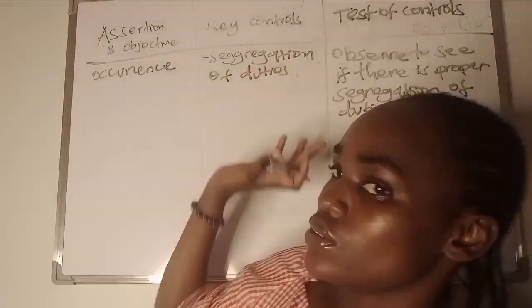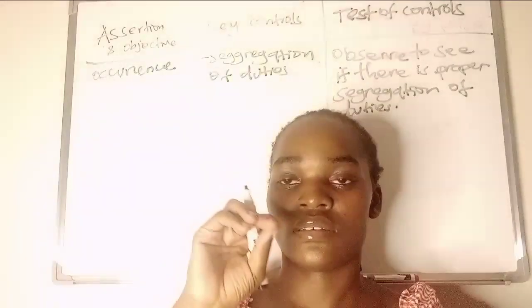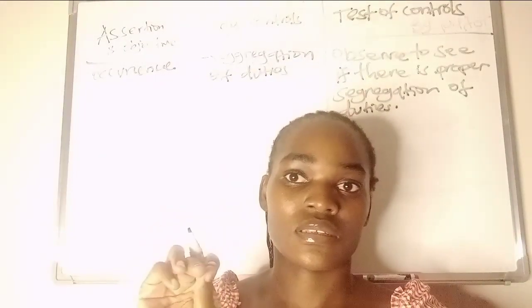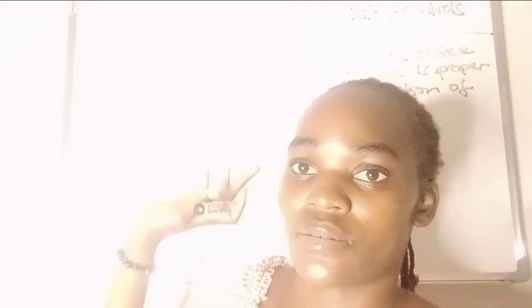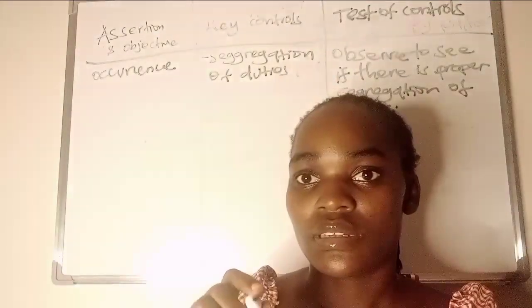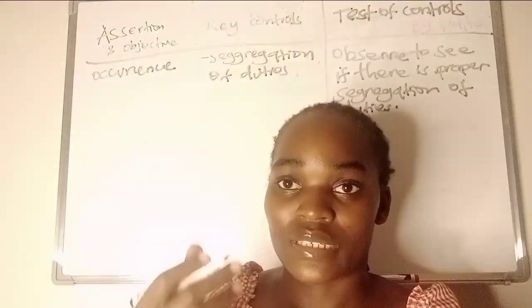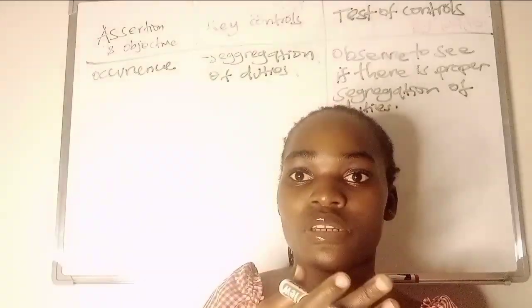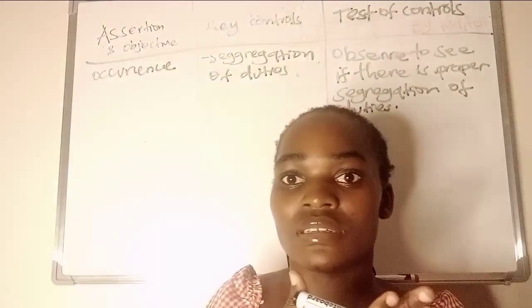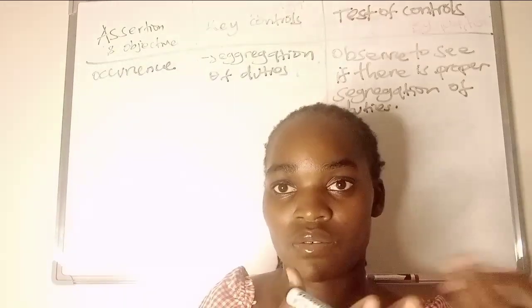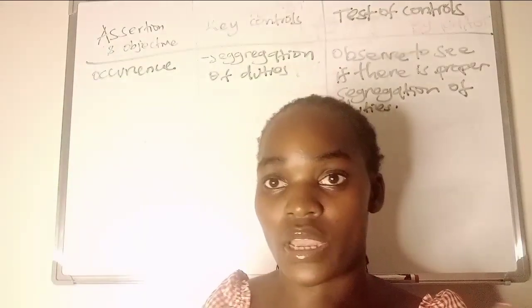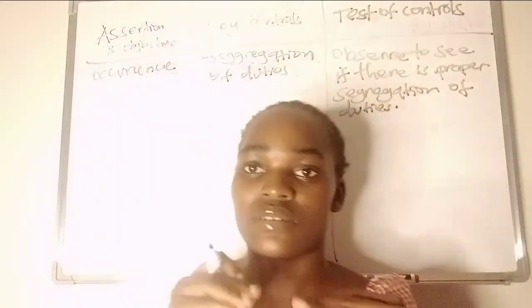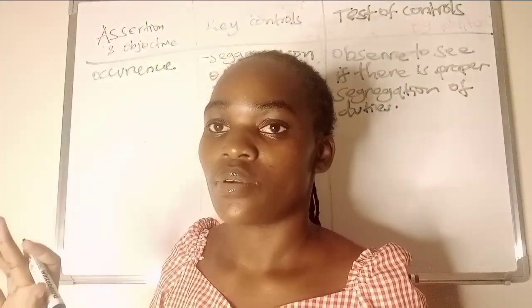This segregation of duties can work for both, okay? But for credit sales, the objective is to make sure that only credit sales that exist were recorded. Only credit sales that took place were recorded.